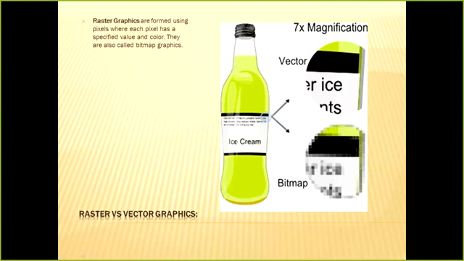Now, take a look at this bottle. Here's a little ice cream soda bottle graphic, right? And if you take a look down here, I want you to see this image. You see how this image is made up of little pixels? That is a bitmap. You're looking at what a bitmap looks like.